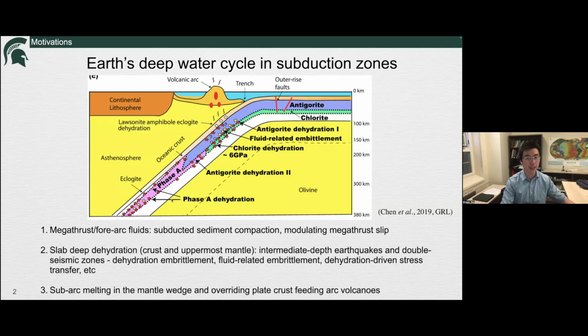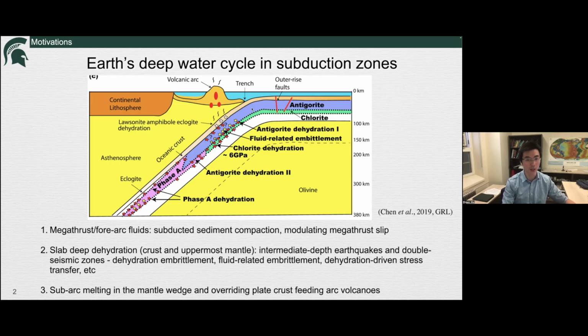In this talk, I know it's only 50 minutes, I want to touch on three topics. One is the fluids in the megathrust, and I will also talk a little about the fork, because that's where we believe fluids coming from subducted sediment compaction are modulating megathrust slip.